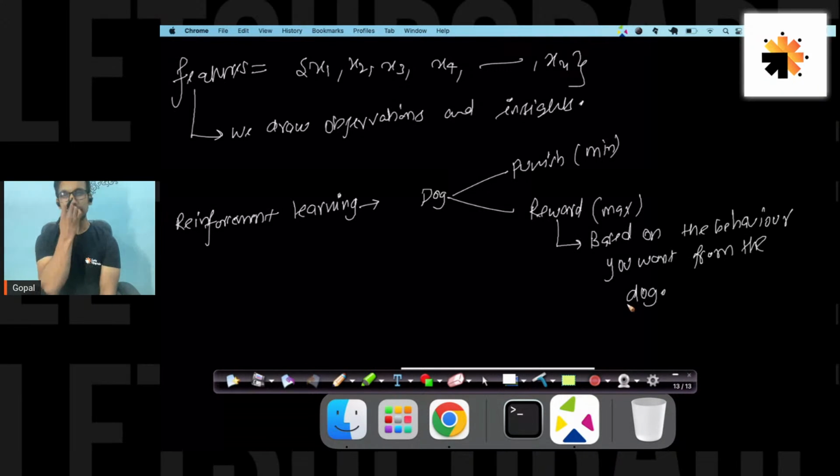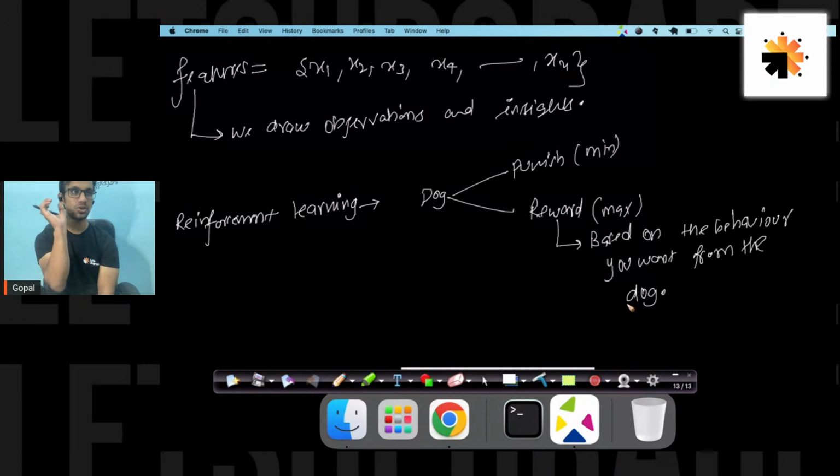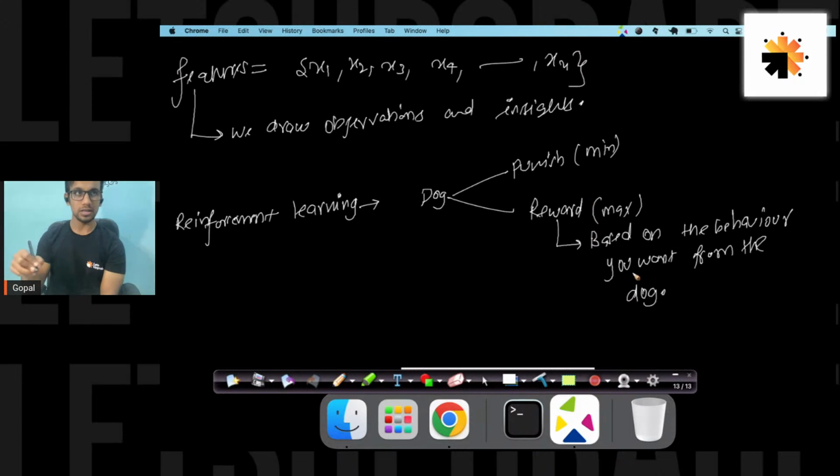So you try to maximize the number of dog biscuits, to make your dog realize, this is something I need to do over and over to make my owner happy. This is something my owner actually wants from me, so let me just do this, and I'm not going to get into the punishment at all, and I would rather increase this reward system here.